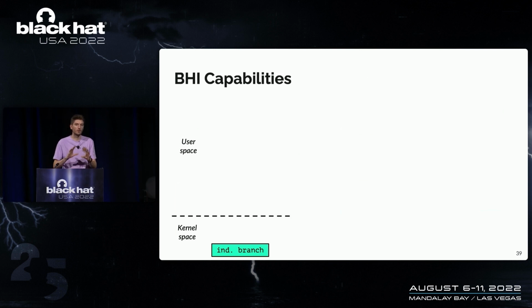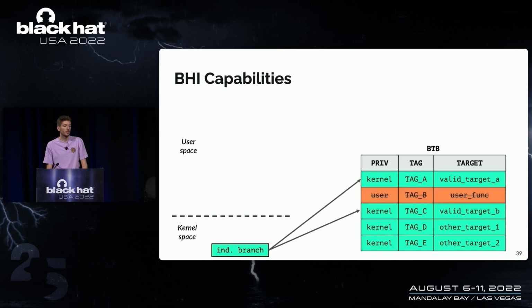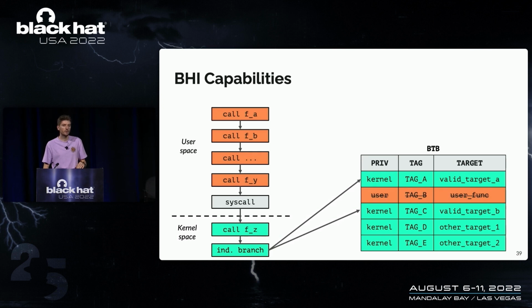Let's make a small recap to understand what our primitive is now. Our goal is to mispredict an indirect branch in the kernel. Let's say this indirect branch in the kernel architecturally can only jump to two valid targets, target A and target B. Again, we are considering systems with hardware defenses, so we can no longer speculate on user-provided functions. As an attacker, we have very limited control: just the previous instructions before the syscall instruction.